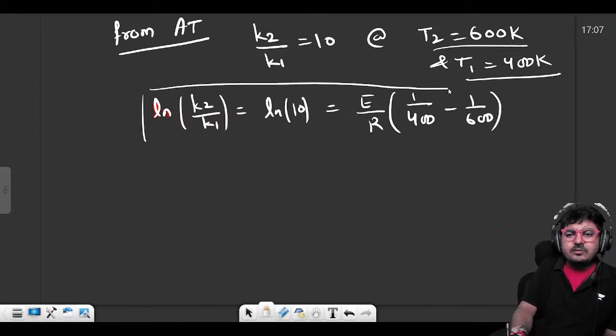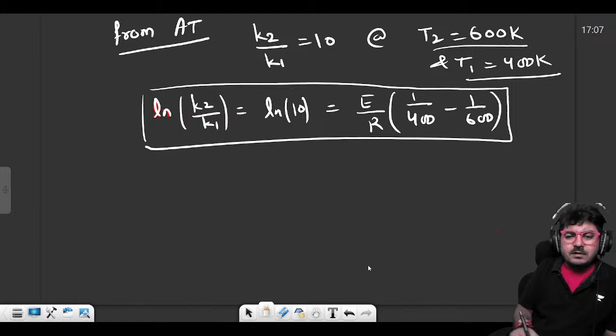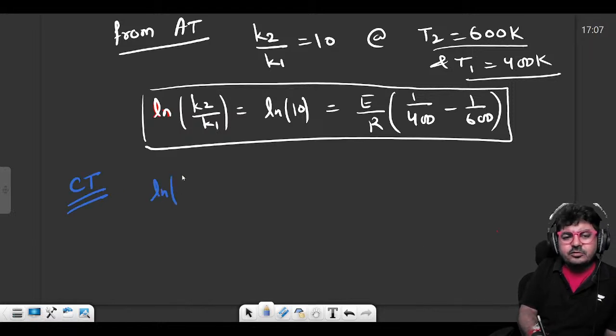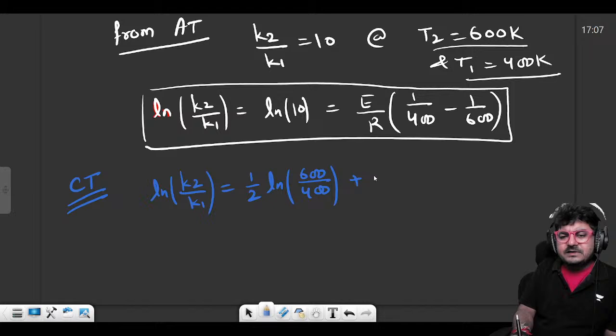So we have one equation. Now apply collision theory. From collision theory, you know the equation is ln K2 by K1 is equal to 1 upon 2 times ln T2 by T1, which is 600 upon 400, plus E upon R times 1 upon T1, that is 400, minus 1 upon T2, which is 600.